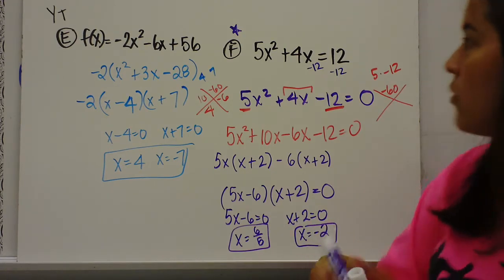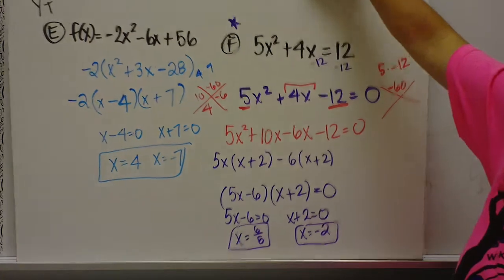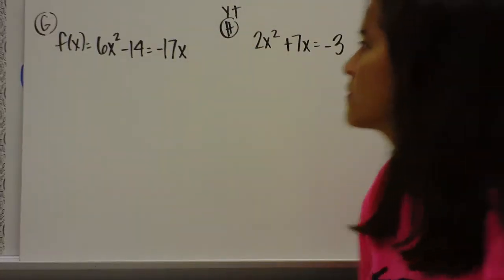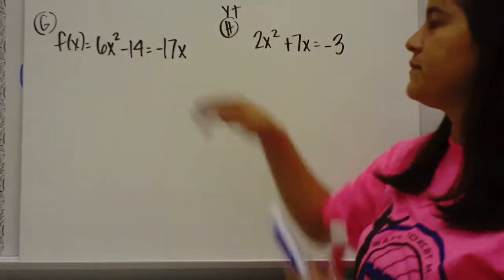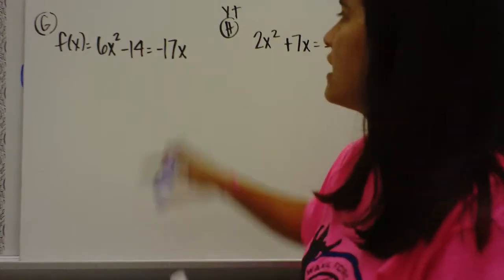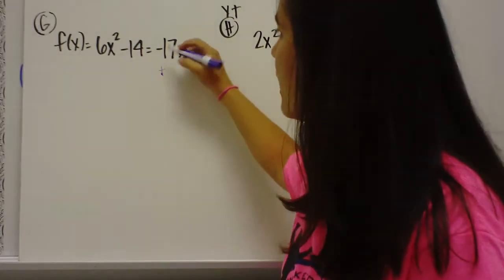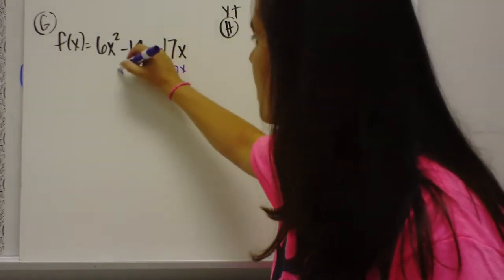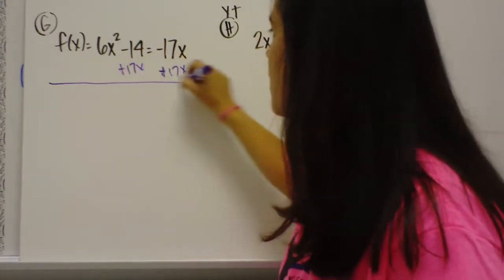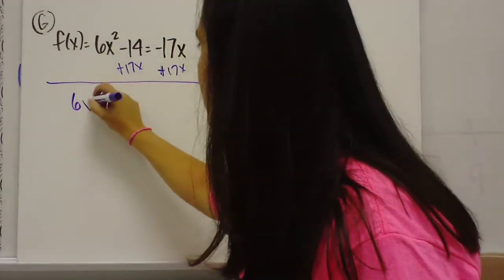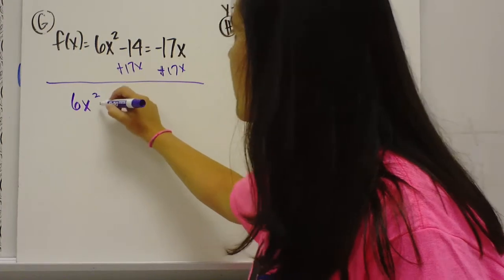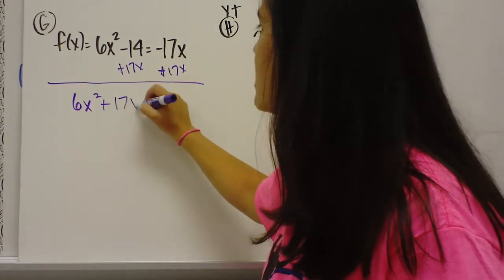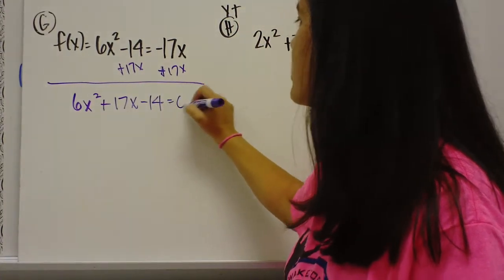Okay, let me show you a couple more examples. All right, G. I need to move this over, so I'm going to add 17x to both sides. And I get 6x squared plus 17x minus 14 equals 0.